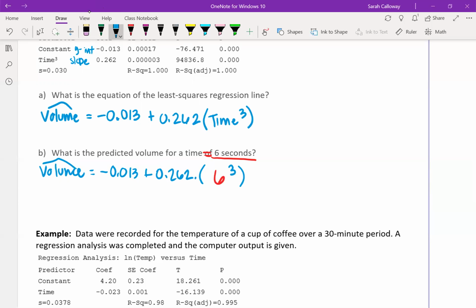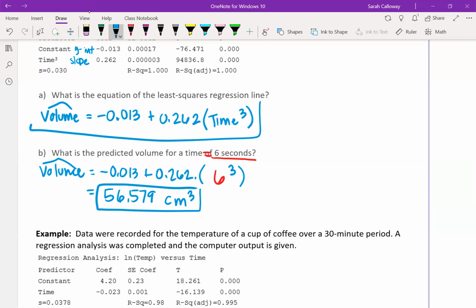And so if I calculate this in my calculator, that gives me a value of 56.579. And then remember, our units for volume was cubic centimeters. Okay, so using our regression line, we just have to plug in that value.